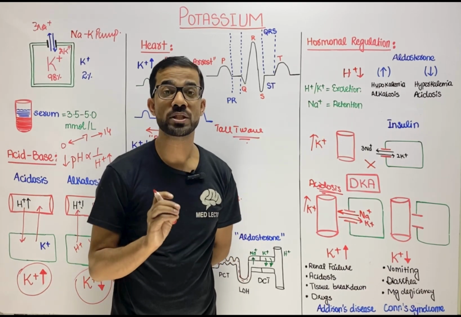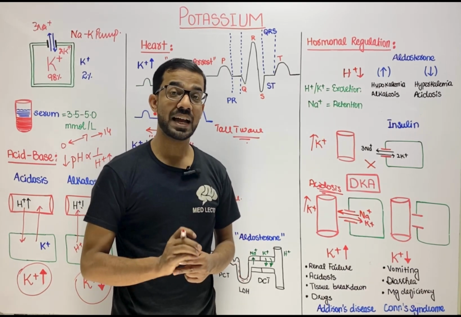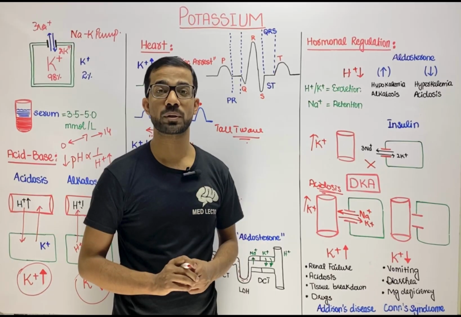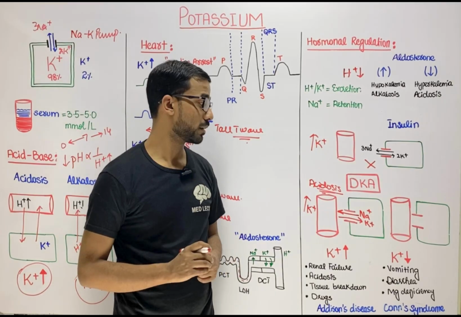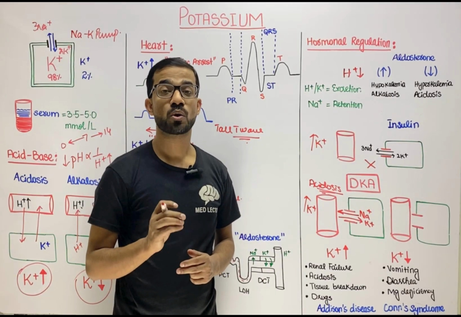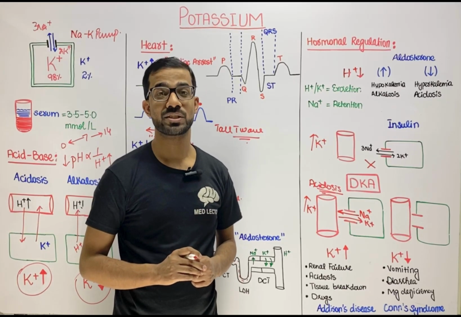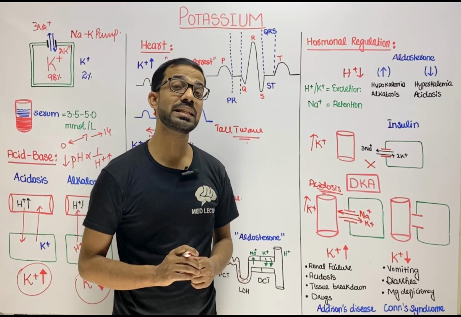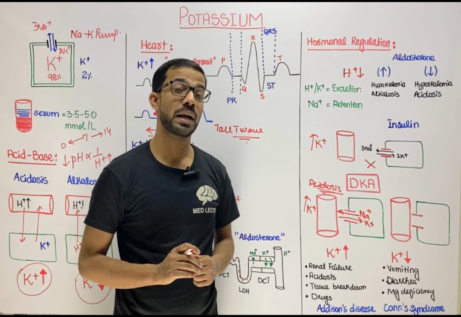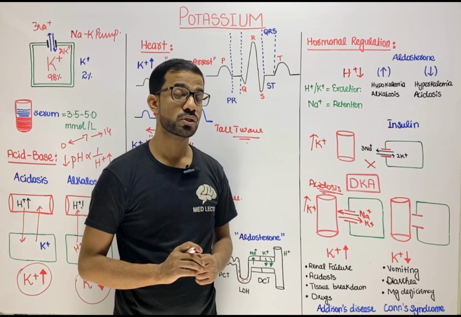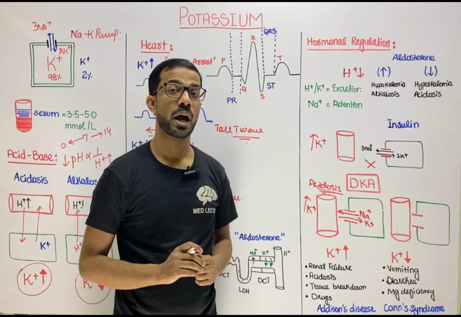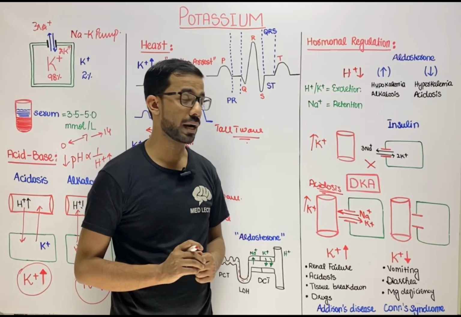So there are two most important factors that increase the concentration of potassium in the diabetic patient. First is the sodium potassium pump that does not work properly due to the deficiency of insulin, and second is the acidic condition inside the blood of the diabetic patient. So these two important factors promote the level of potassium inside their blood.